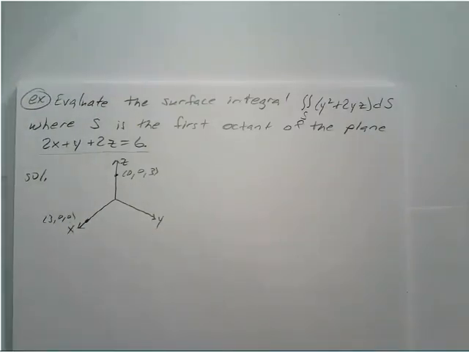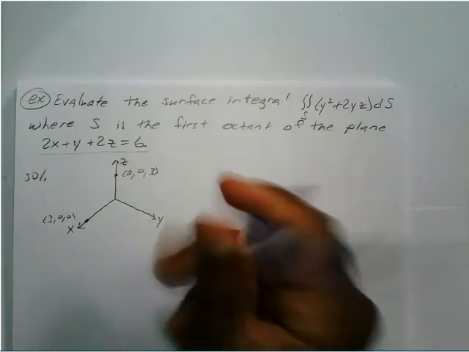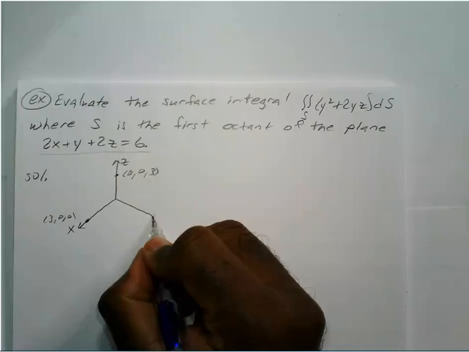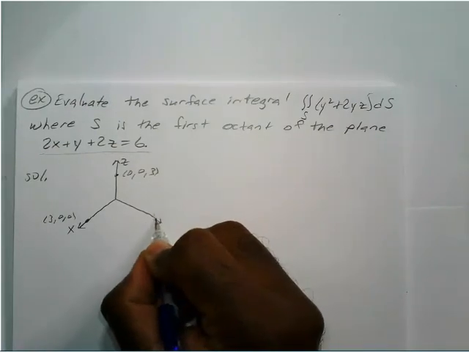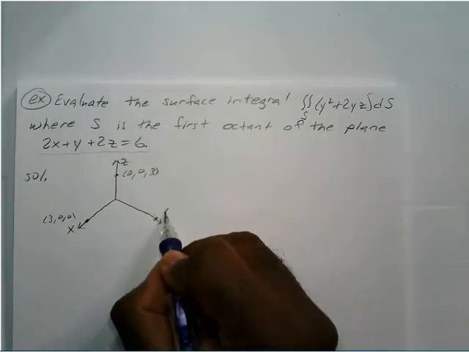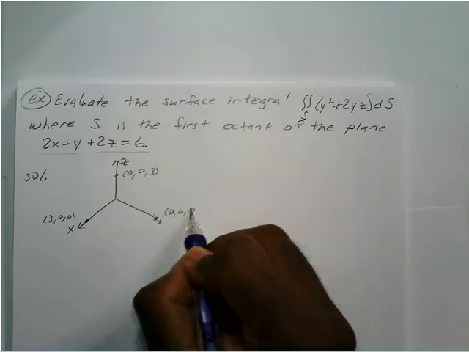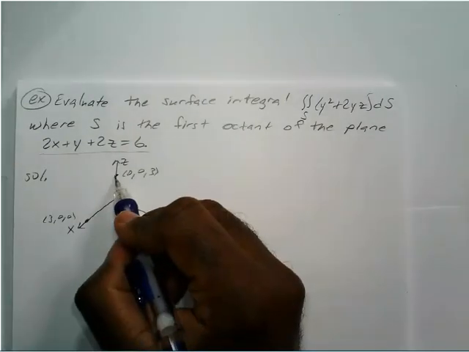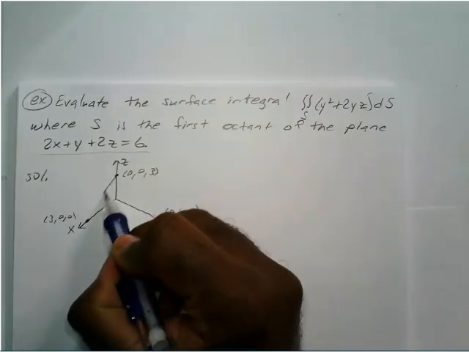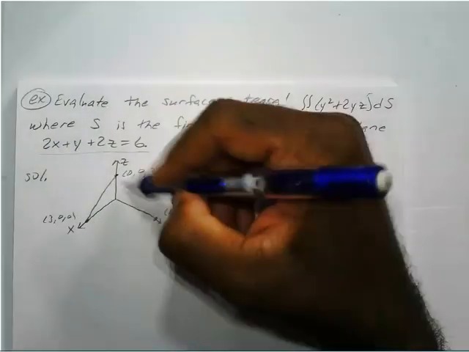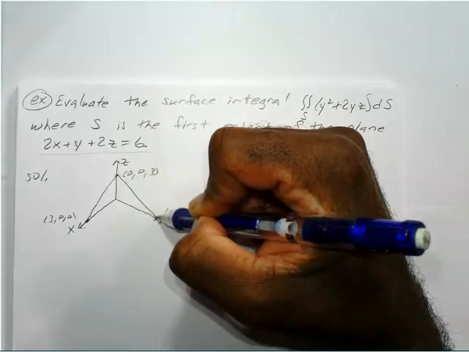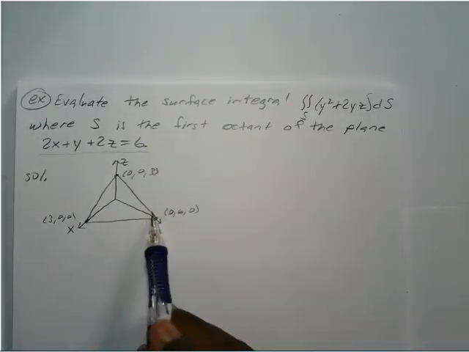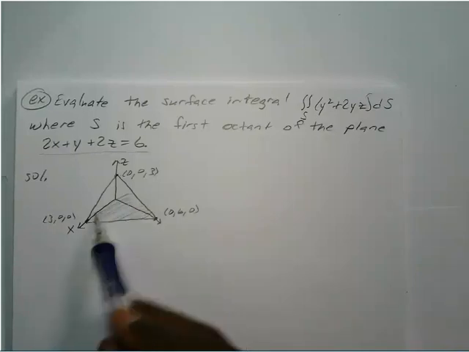And if we made x and z 0, we'd be at 0, 6, 0. All right, so that's how the graph would look, and please forgive my inability to draw yet again. It would look something like that.